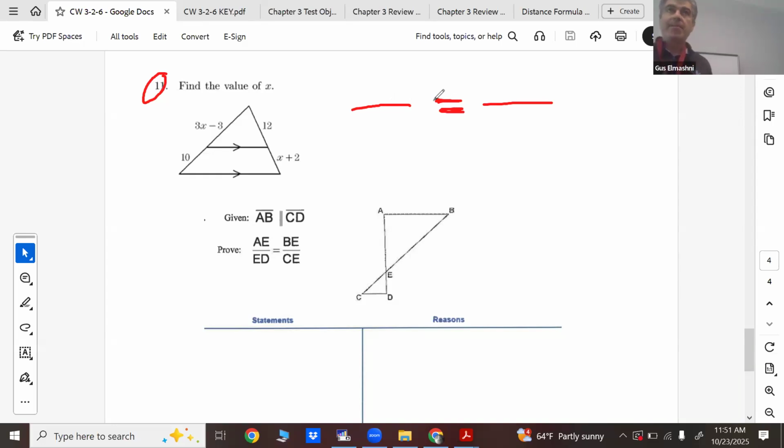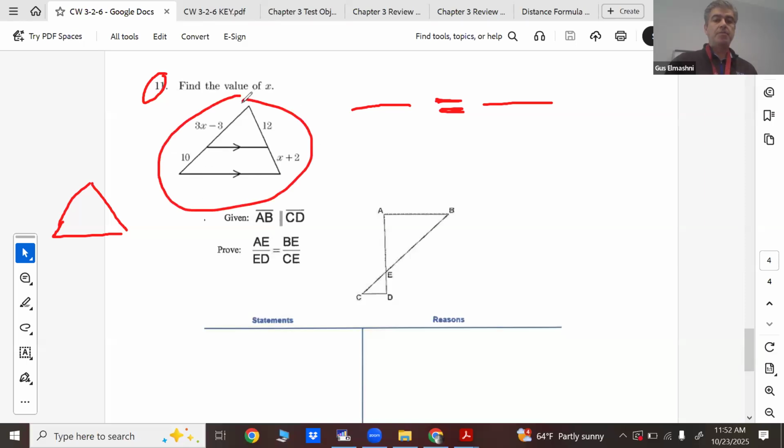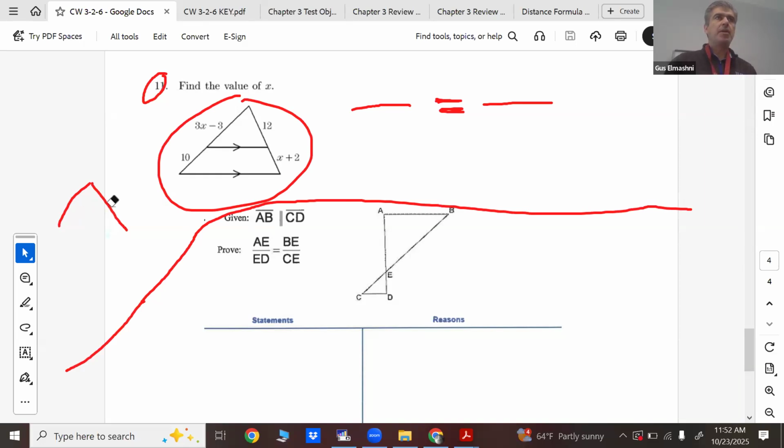You gotta compare it correctly. So we want to compare the corresponding sides correctly. So if I break off the little triangle that's up top, that's just a part of the proof. Ignore what's below this line here. Ignore that. And actually, let me erase this.